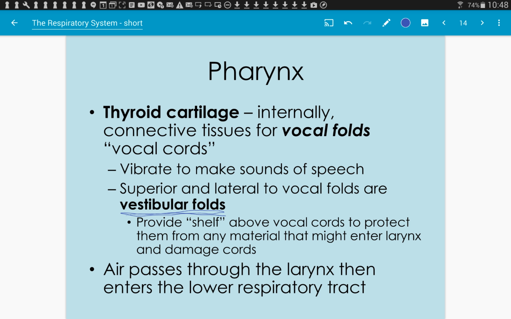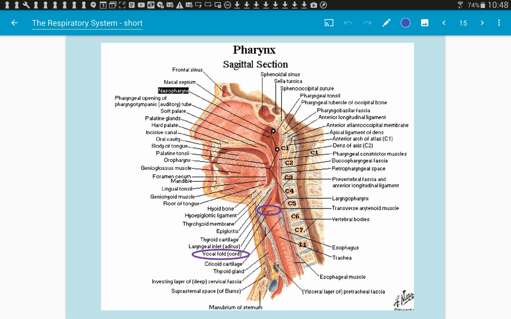Let's see here. Then, of course, there's that next picture highlighting exactly where that is. That's on slide 15. It shows you the vocal fold. And this picture, since it's a perfect mid-sagittal section of the head, the one thing it lacks is the vestibular folds.